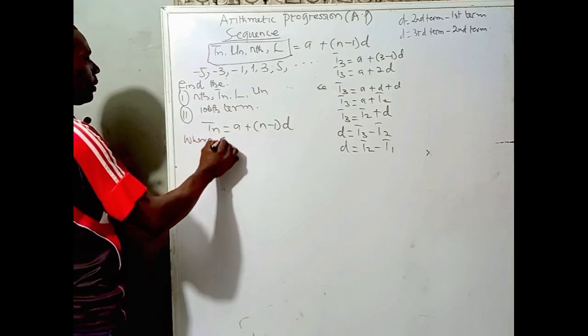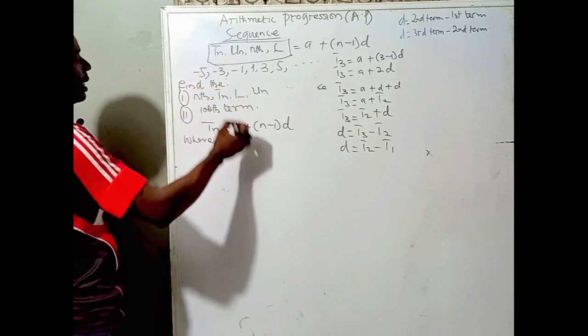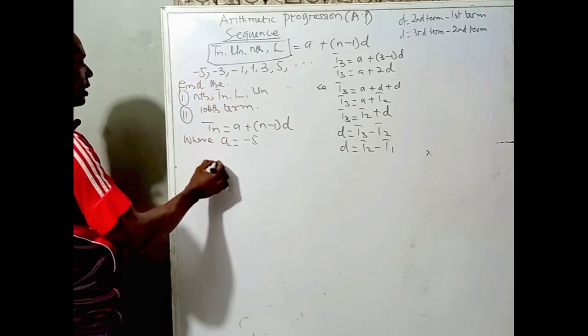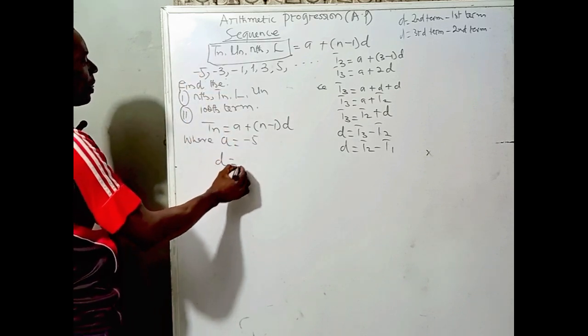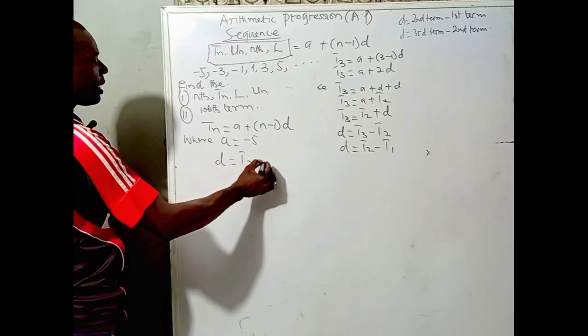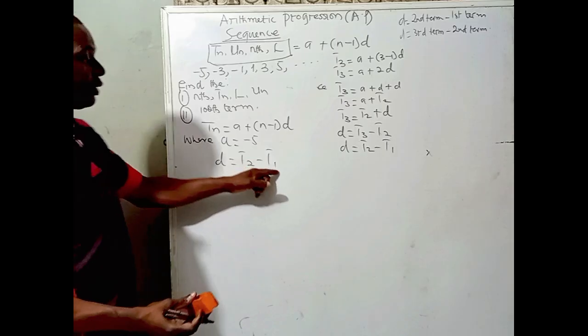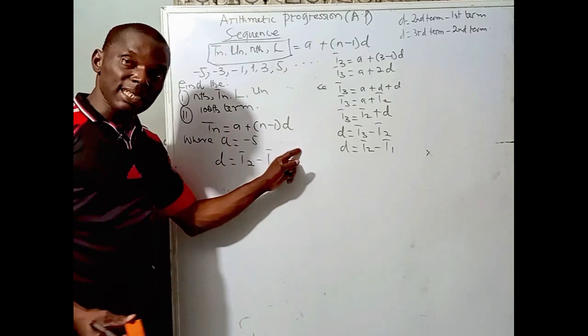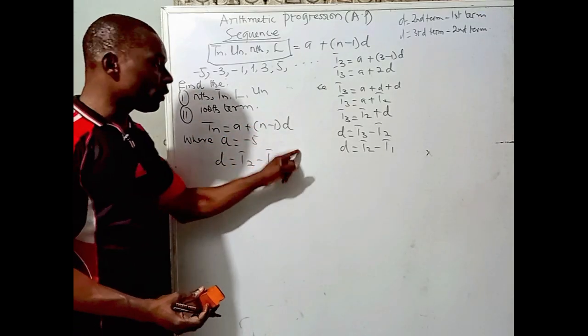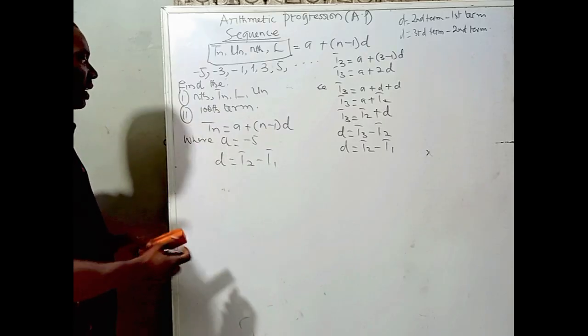So we define, where the first term is the first number given here, negative 5. Then the common difference d is the second term minus the first term. So it's t2 minus t1, or t3 minus t2, or t4 minus t3. That's how it goes.